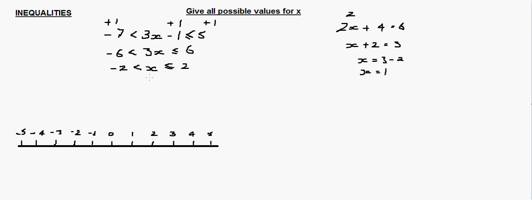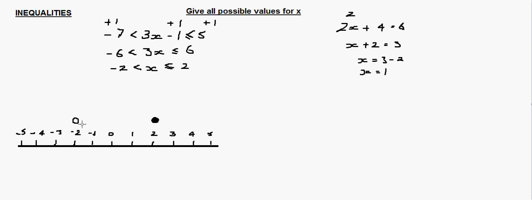So now I know this, I go to minus 2 and it's less than, okay, or is greater than. So x is greater than minus 2, so I put in an empty circle, and x is less than or equal to 2, so I can put in a full circle.